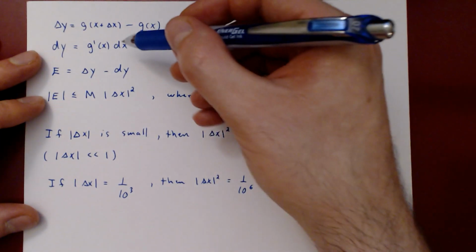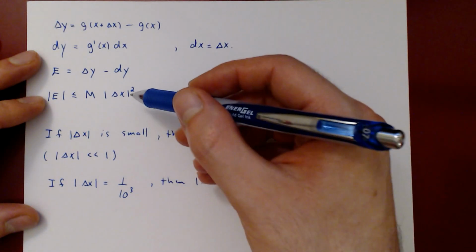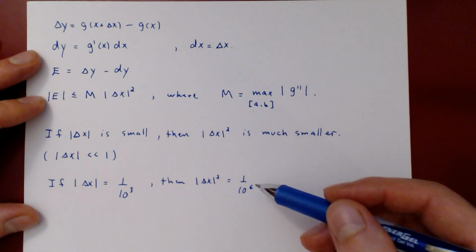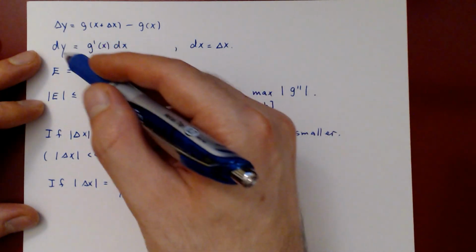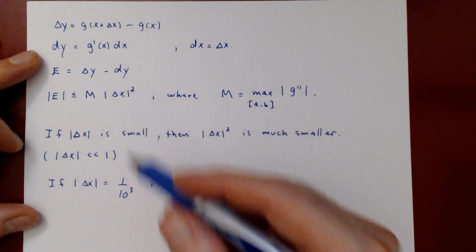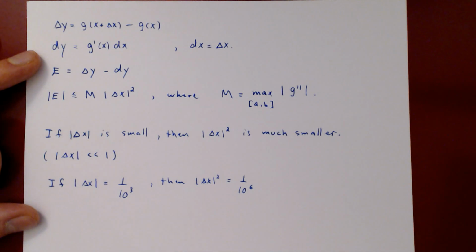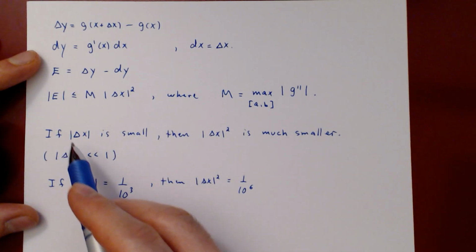So while the approximation is on the order of 1 over 1,000, the error is on the order of 1 over 1,000,000. So relative to the size of the approximation, the error is much, much smaller, an order of magnitude smaller. But again, this only makes sense if delta x is very small.